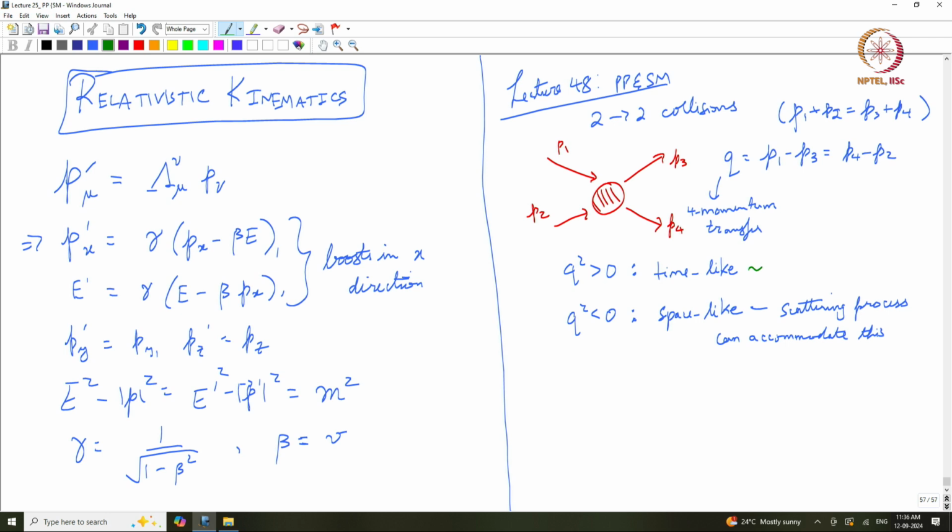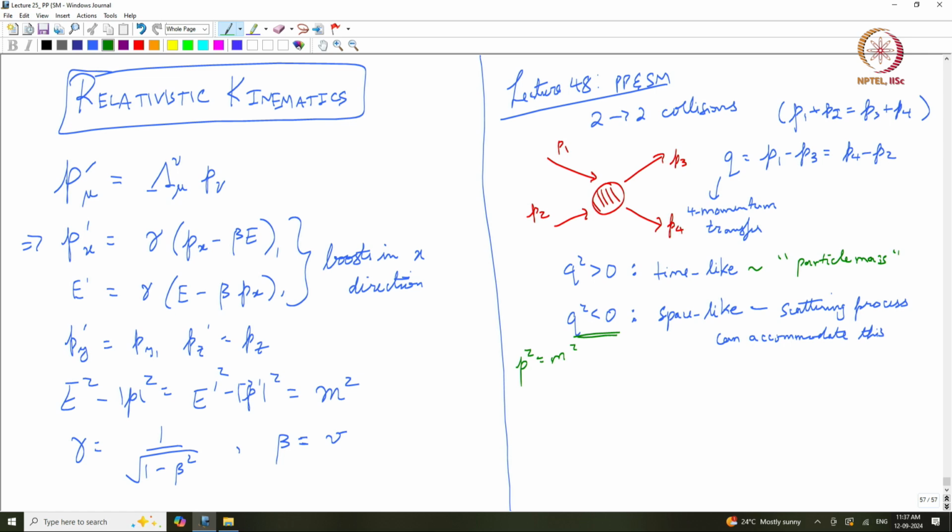When we say p square equals m squared, here we are assuming p square is positive. So this is something like that. This is like a particle mass, it is not exactly the mass here because this is a momentum transfer. This is like a mass in the scattering problem, but this is really what should happen if you want a scattering to happen: q square should be less than 0.